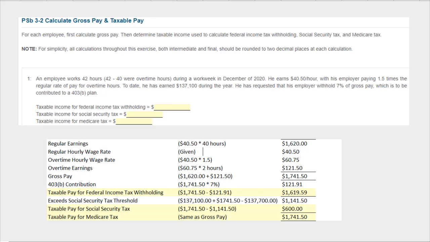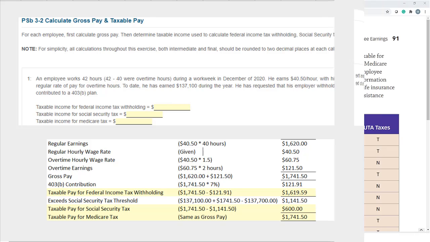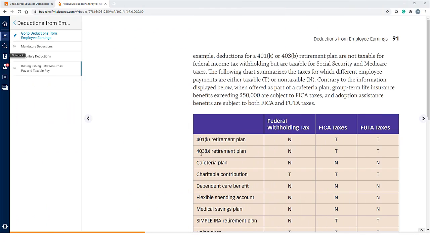No, this voluntary contribution for retirement is not taxable. It's not subject to federal income tax, as we've seen earlier in the chart from the book. Let's take a look at that really quickly. Here it is again, 403B plan. The letter N here means no, not subject to federal withholding tax or federal income tax.